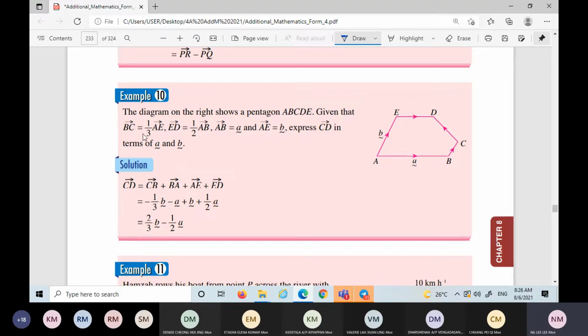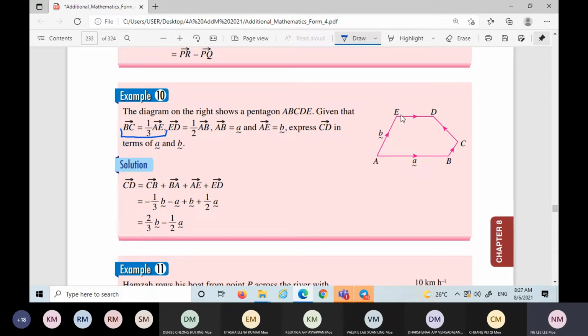Let us see one by one. BC is 1/3 of AE. When you see this, you know already they are parallel. Remember, if and only if the two vectors are parallel, one of the vectors can be written as a scalar product of the other vector. So it's understood that BC and AE are parallel, even though they didn't tell you in the question.